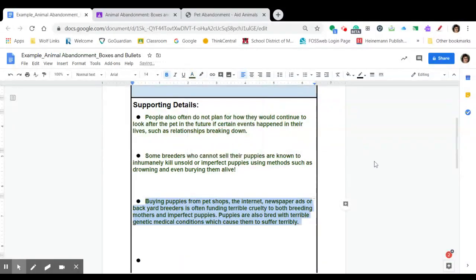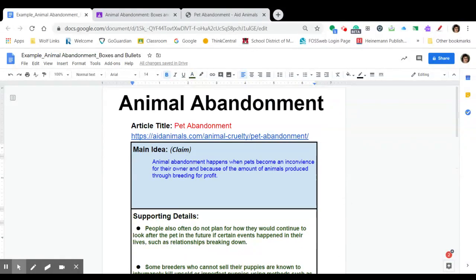Now, the only thing is if I go back up and look here, animal abandonment happens when pets become an inconvenience for their owners and because of the amount of animals produced through breeding for profit.